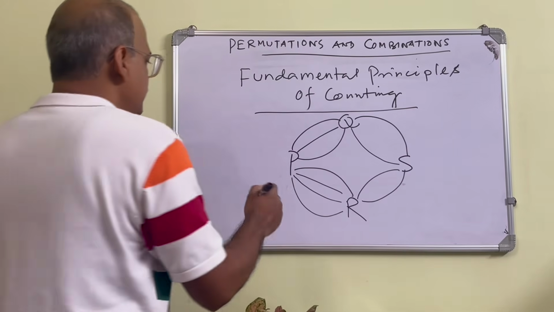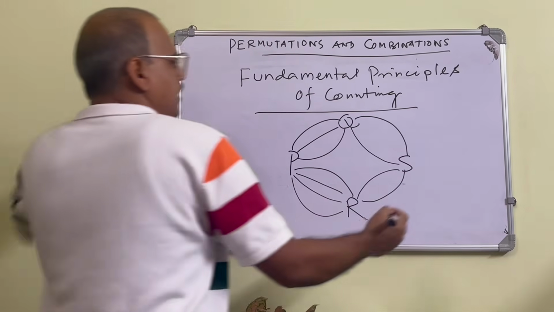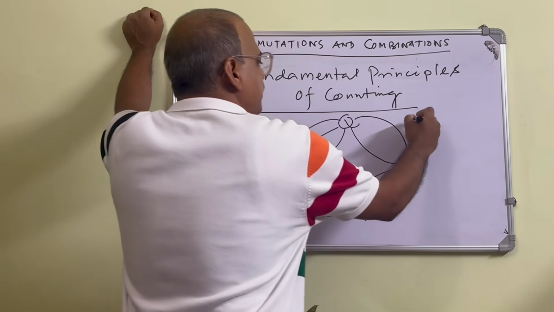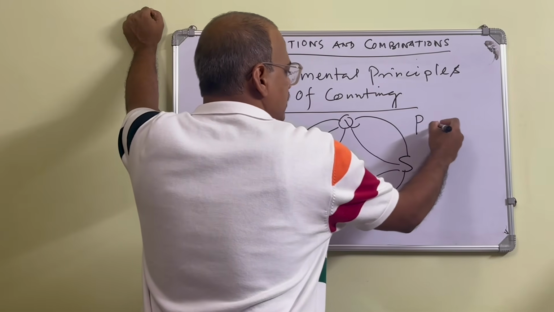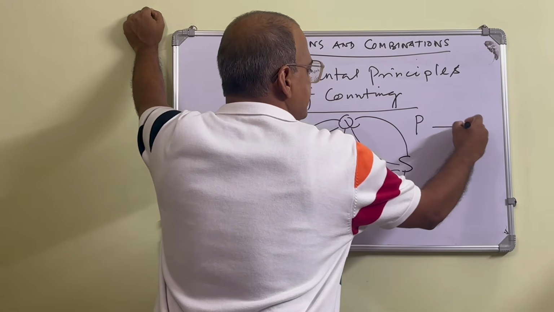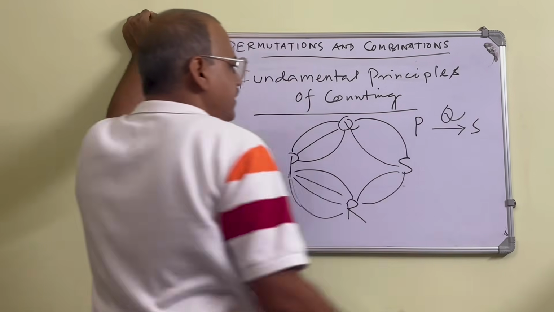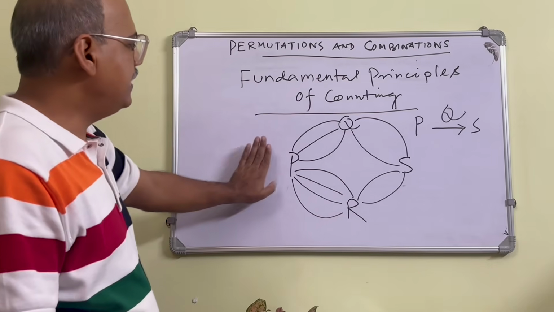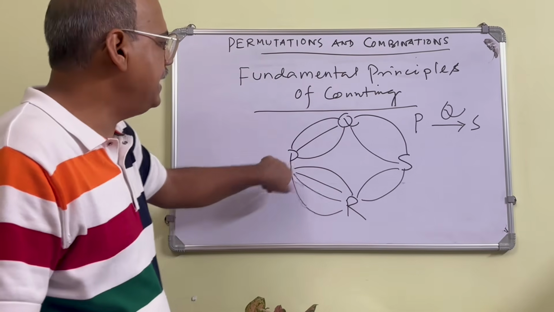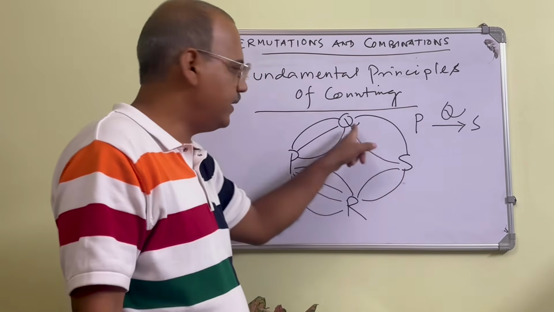So what are the options? I can travel from P to S via Q. How many different ways are there? How many different ways can I travel from P to S via Q?